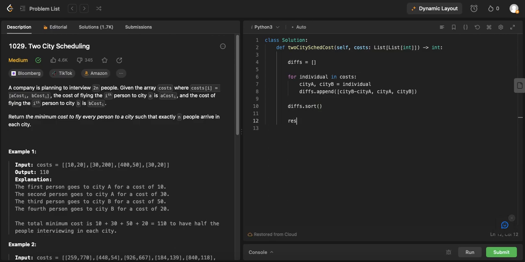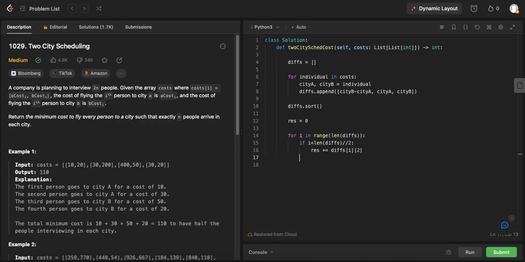Having achieved this, we can create a result which will be initialized to 0. Then we can iterate through this differences array. So for i in range of length diffs, and what we will do is say that if i is smaller than the midpoint, where the midpoint is equal to the length of diffs divided by 2, then we will increment our result by the cost to go to city B. And we know that the cost to go to city B is put at index 2 in our differences array.